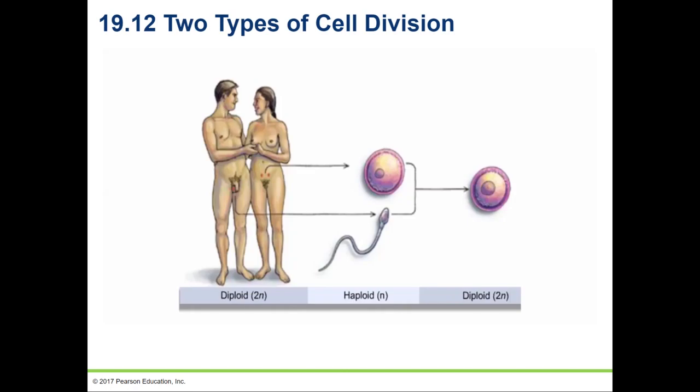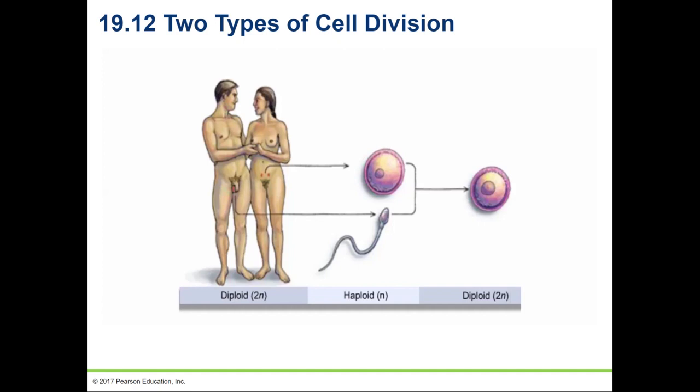This is looking at the life cycle of an organism, particularly a human, and how these two types of cell divisions interact. So here we have mature adults, a male and a female. Throughout their body, their somatic cells would be diploid, or 2N, carrying the 46 chromosomes.